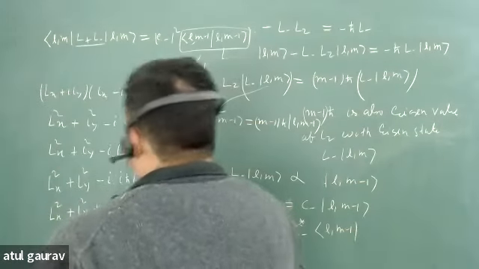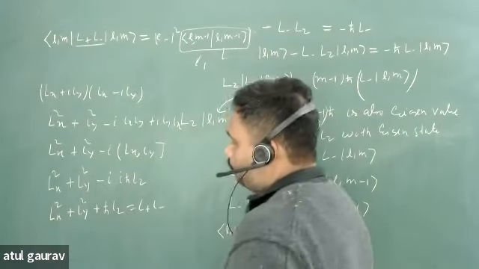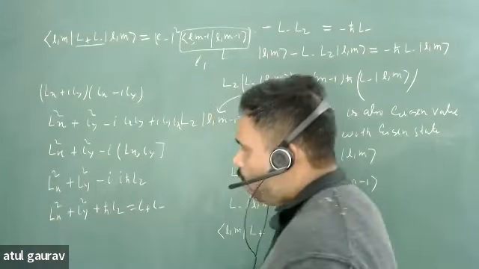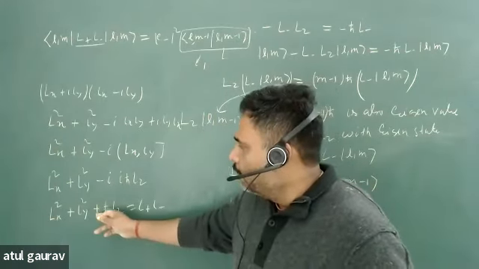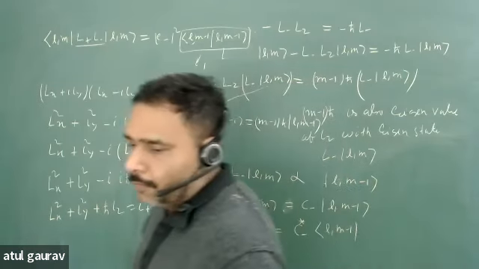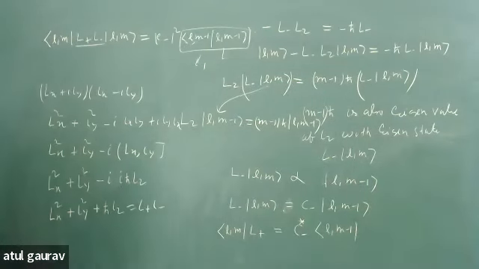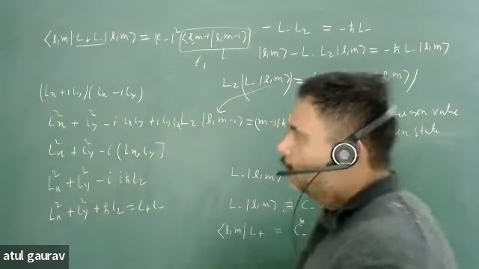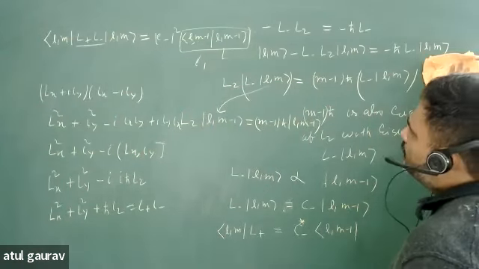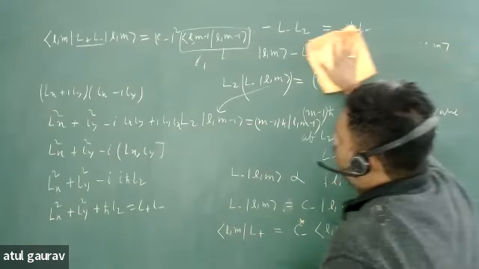L minus L plus, what was it? In the last one, what was the difference? H cut LZ was first with a minus sign. So you will always use this one. Okay? So you should always know this. So let's try to come to this side.